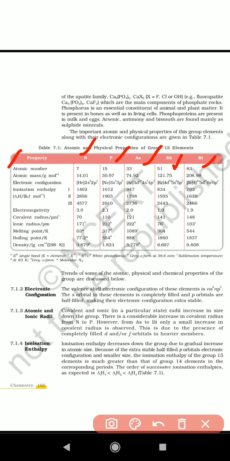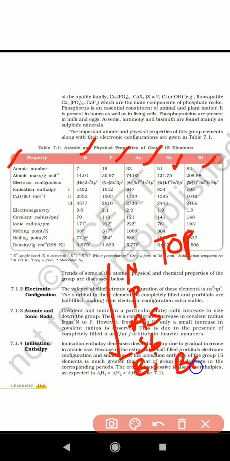Next, atomic size. If you move from top to bottom in the nitrogen family, that is nitrogen, phosphorus, arsenic, antimony, bismuth, the atomic size gradually increases.